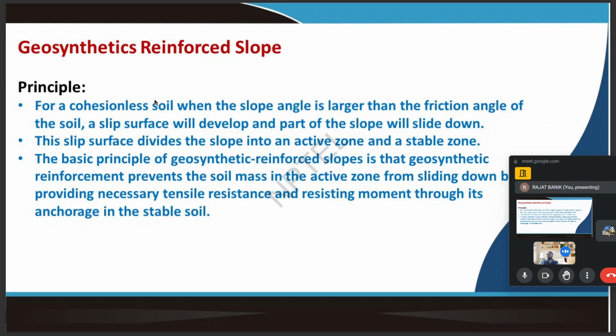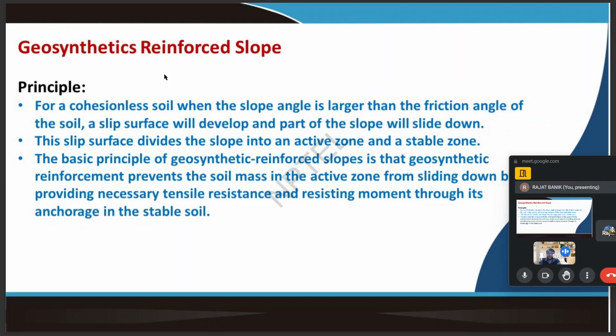First we discuss the principle of the reinforced slope. It is said that for cohesionless soil, when the slope angle is larger than the friction angle of the soil, a slip surface will develop and part of the slope will slide down. This slip surface divides the slope into an active zone and a stable zone.